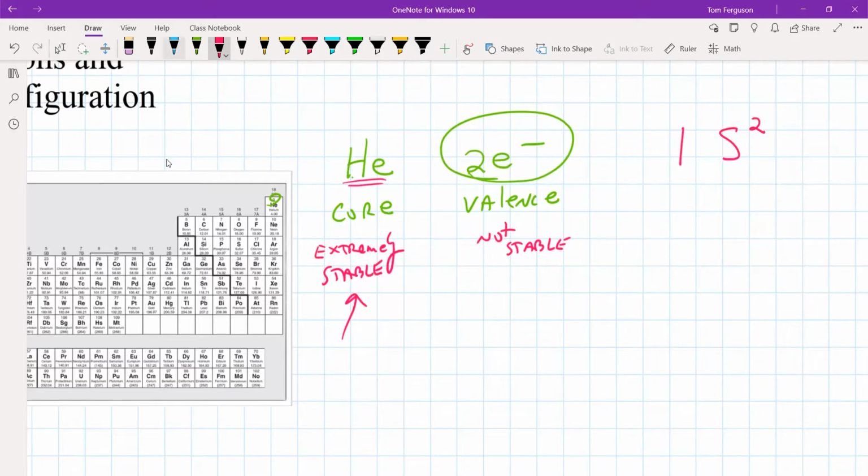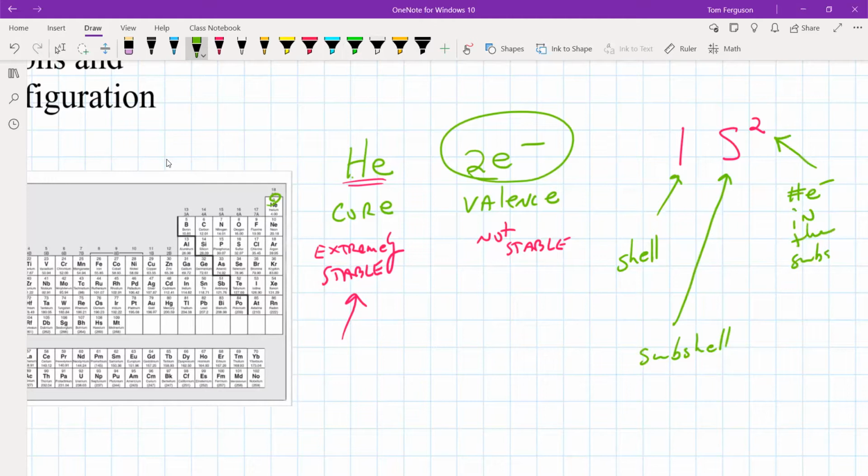Okay. So the first number is the shell. Second one is the subshell. And the superscript is the number of electrons in the subshell.